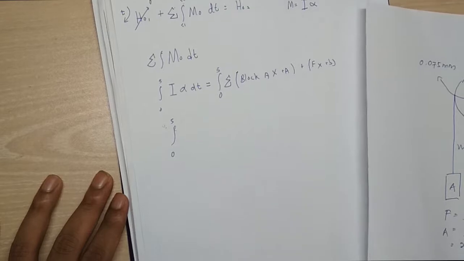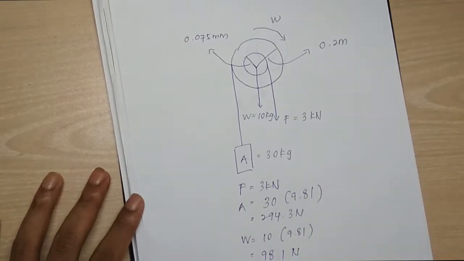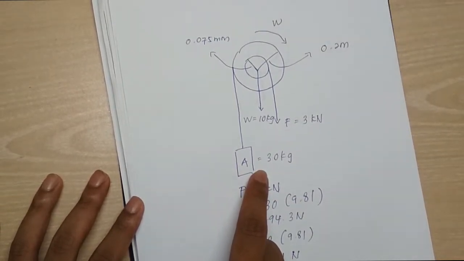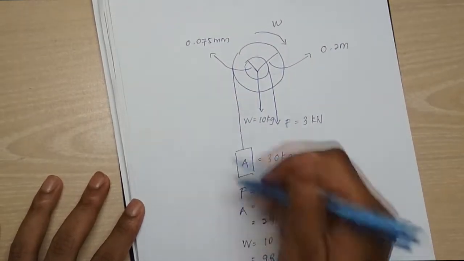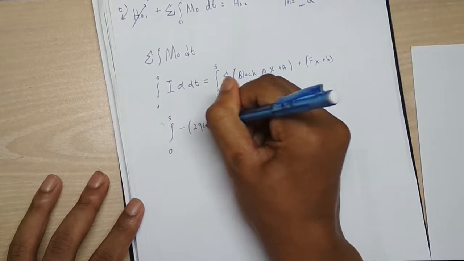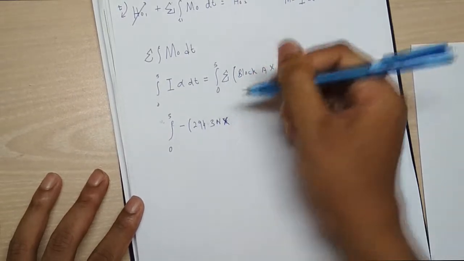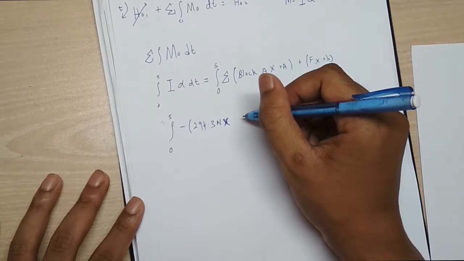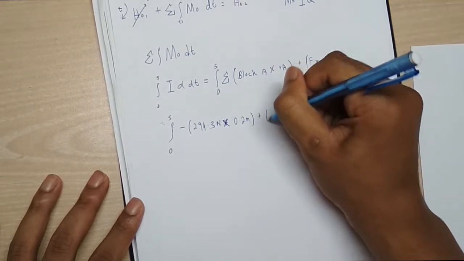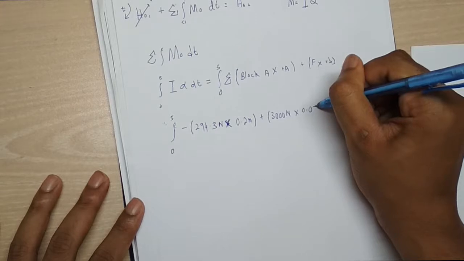Because we assume the omega is clockwise, we know that block A will be a negative value because it's downwards. 294.3 Newton multiply 0.2 meter plus 3000 Newton multiply 0.075 meter.